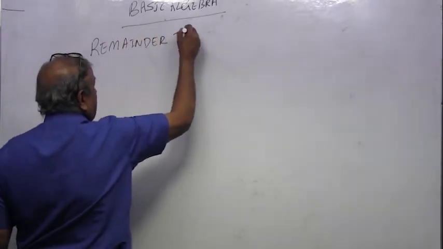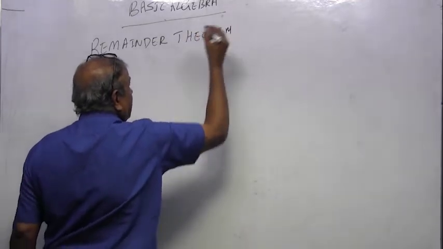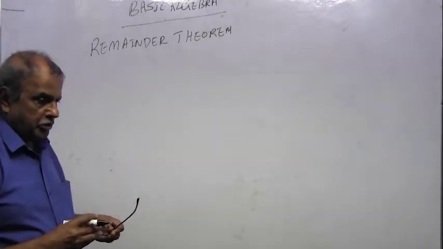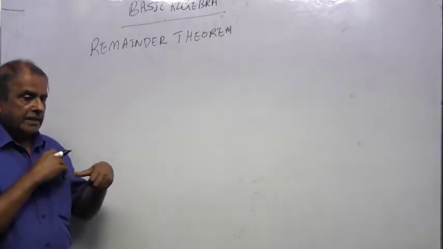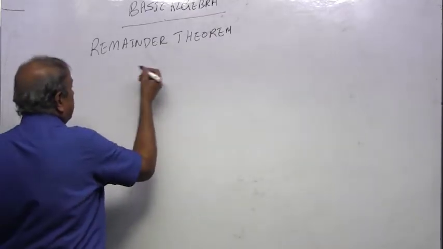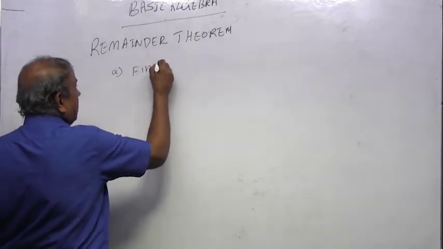Remember, if the remainder is 0, it becomes the factor theorem. We did long division, and I need to talk to you about another way of doing long division, which is much quicker.